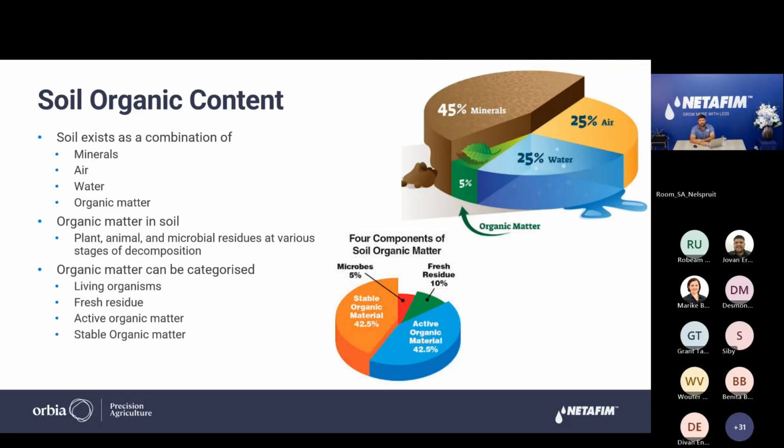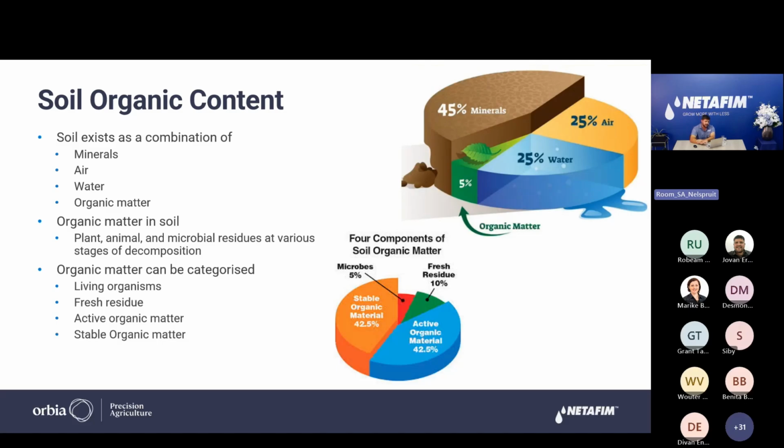I'm sure a lot of you have seen this or a similar infographic, but soils generally exist in roughly those ratios, and you can't do much about the percentage of minerals. In South African conditions, 5% organic matter might be on the higher side.